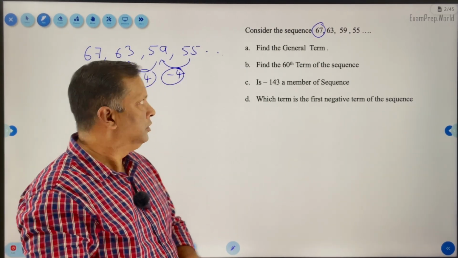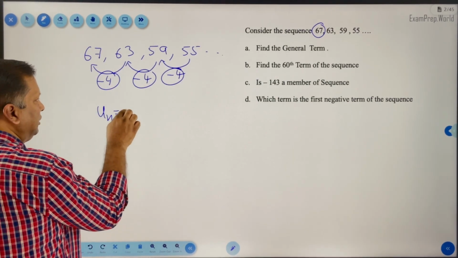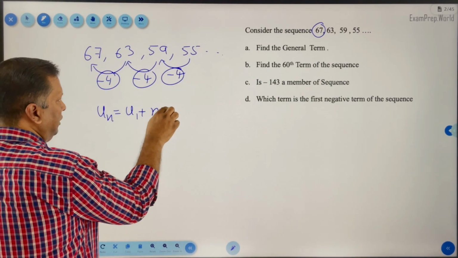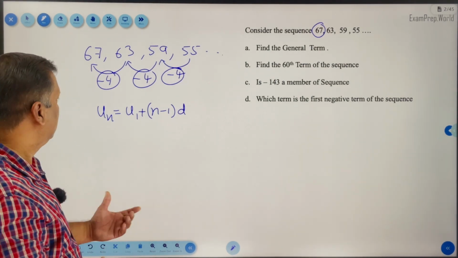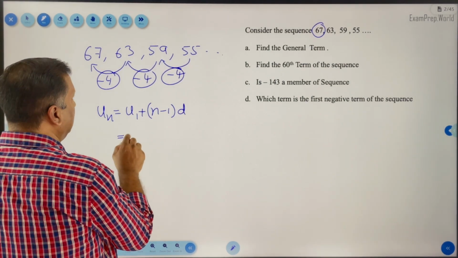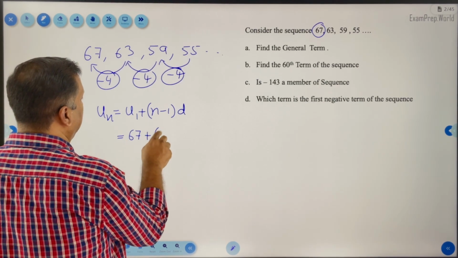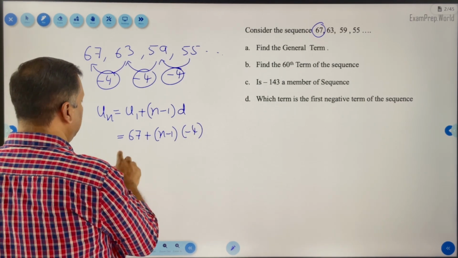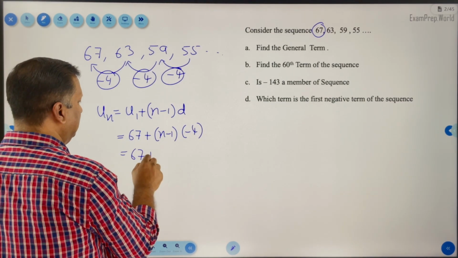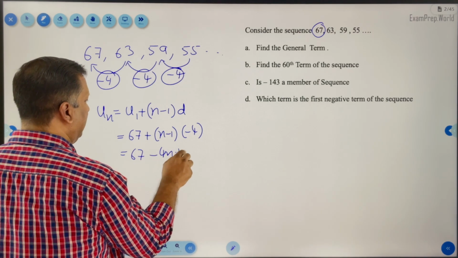Once you have the first term and the common difference, it's very easy to solve the question. The general rule formula: un equals u1 plus n minus 1 times the common difference. So we put u1 is 67 and n minus 1 times d is -4, which is 67 minus 4n plus 4.